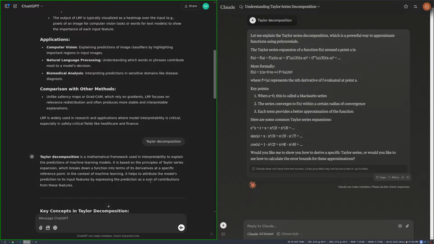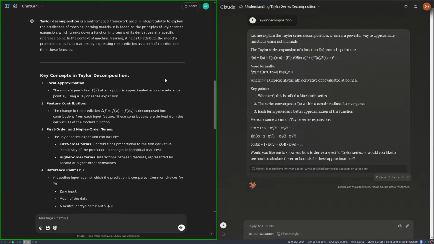In the context of machine learning, it helps to attribute the model's prediction to its input features by expressing the prediction as the sum of the contributions from these features. Key concepts in Taylor decomposition: local approximation, feature contribution, first order and higher order terms.